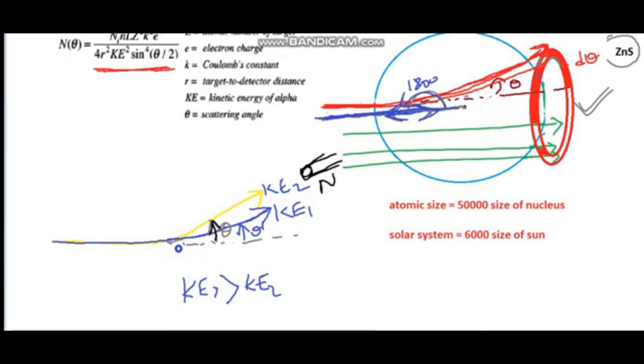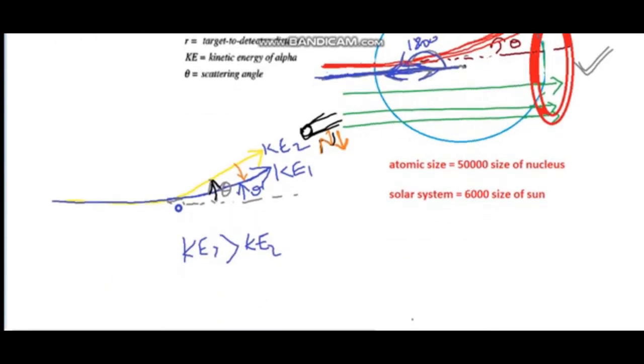If you increase the alpha particles' kinetic energy, then more alpha particles shift into this angle theta dash, and the number of alpha particles scattered at scattering angle theta will decrease. So if you increase kinetic energy, the number of alpha particles scattered at a particular angle will decrease.